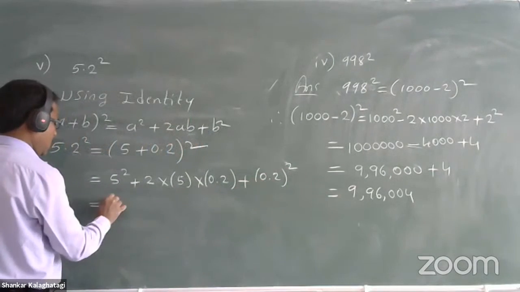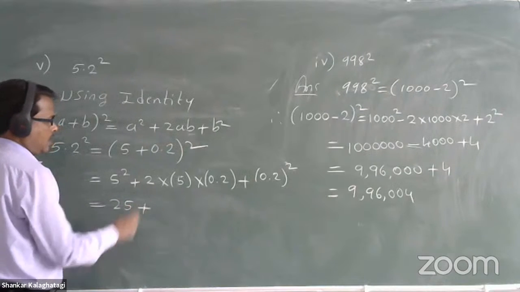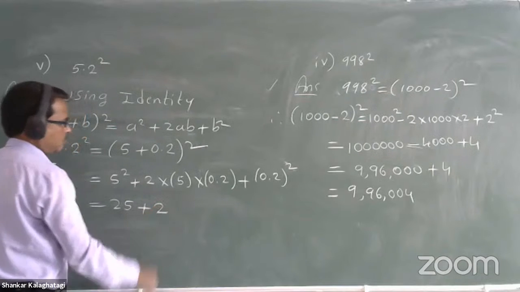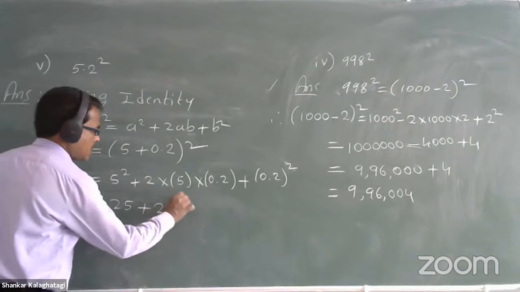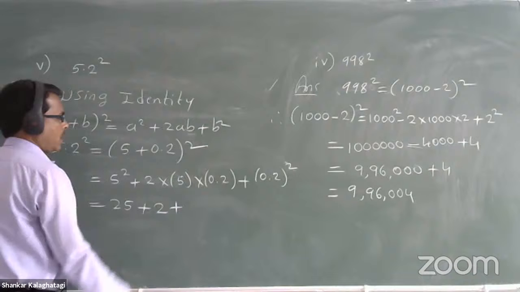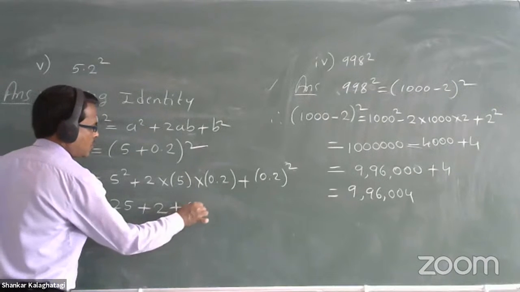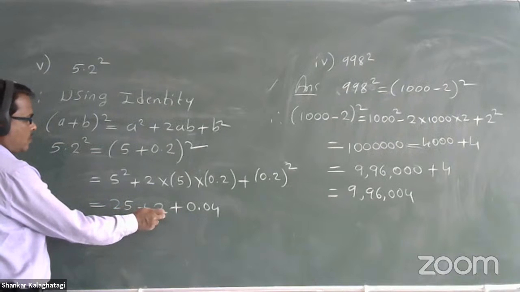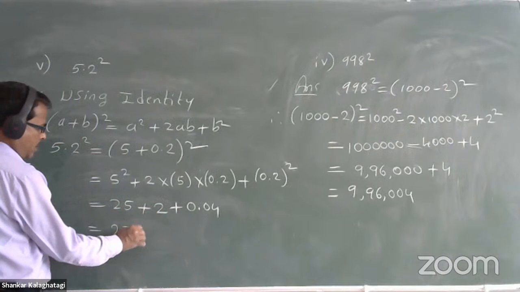Now 5 square is 25, plus 2 times 5 is 10, 0.2 into 10 is 2, plus 0.2 square, 2 2s are 4, 0.04. 25 plus 2 is 27, so 27.04.